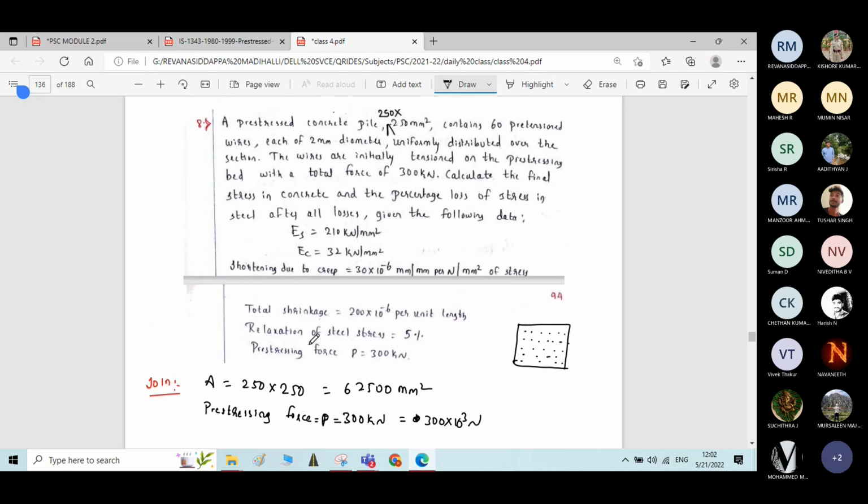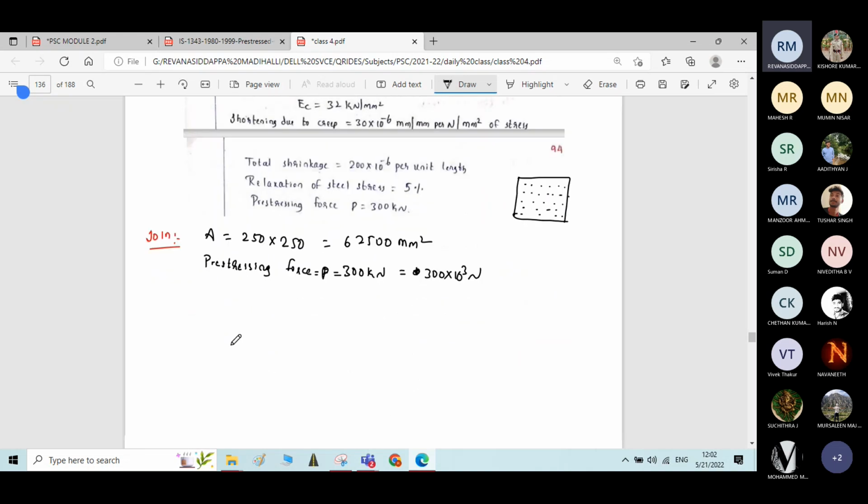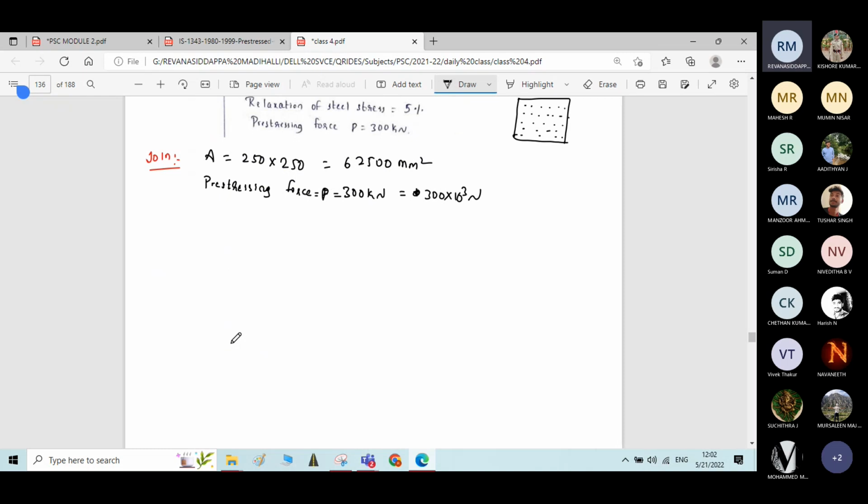Now calculate the basic parameters required for calculation of the losses. What are the basic parameters required? You need the value of the area of concrete, the pre-stressing force, the value of FC, and the modular ratio. All those things you calculate first.